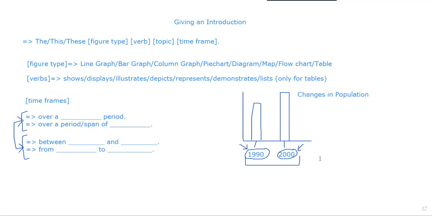Once you're finished writing, kindly respond and we will discuss it one by one.